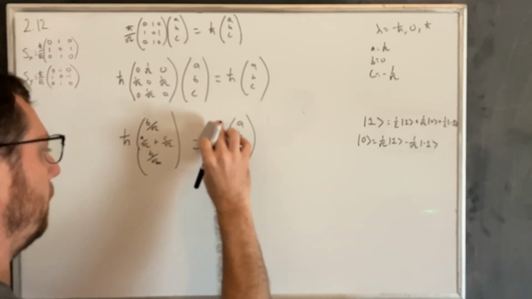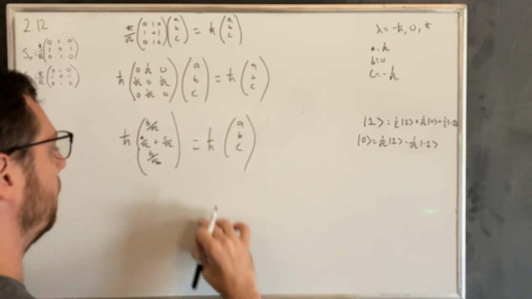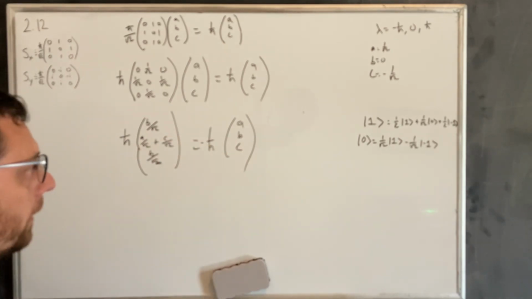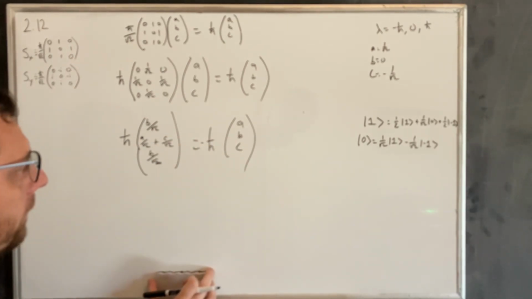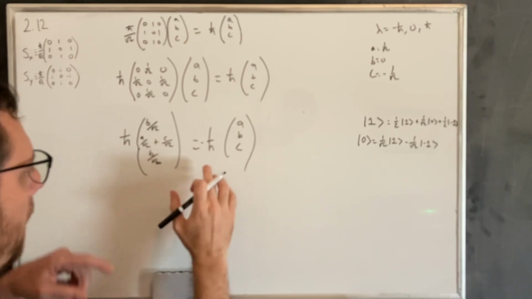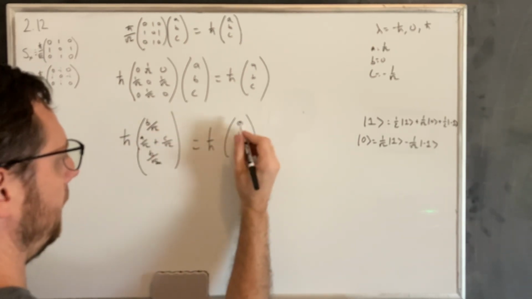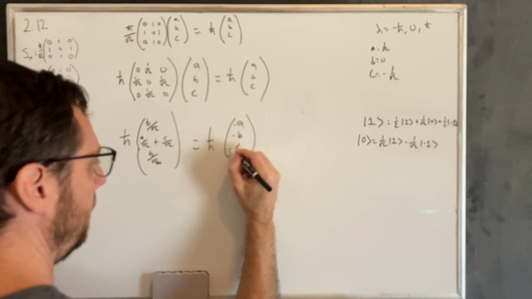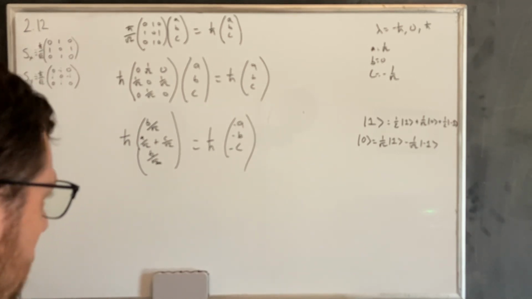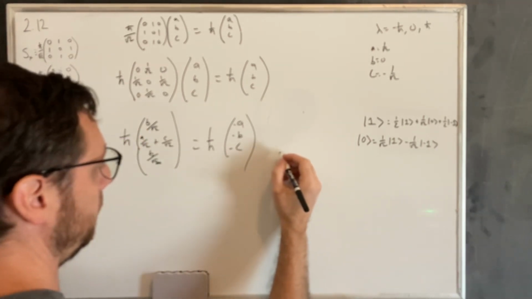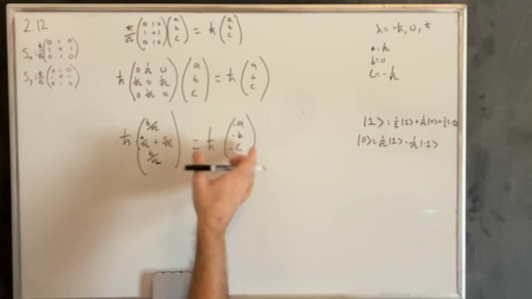So lastly, we got the 1, we got the 0. Now we need the negative h bar. So now we can see that our outside terms, again, are not even. If we distribute this negative in here, we have negative a, negative b, negative c. So let's just flip the signs here.